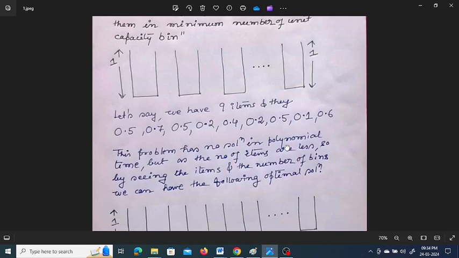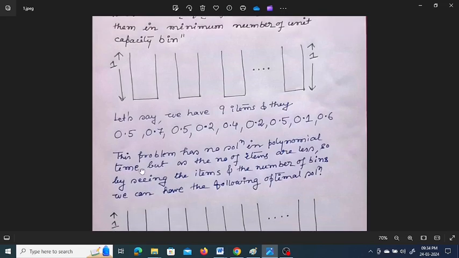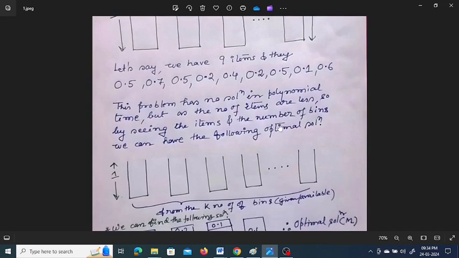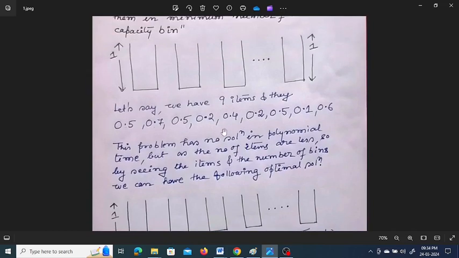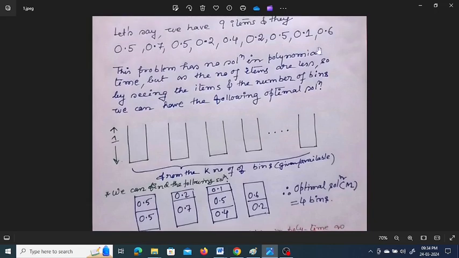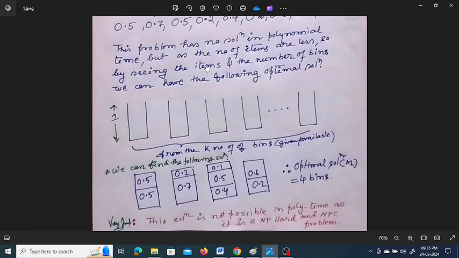As I mentioned, it has no polynomial solution, but we can look at what the optimal solution could be for these 9 items. Visually we can see the optimal solution, because the number of items is small.